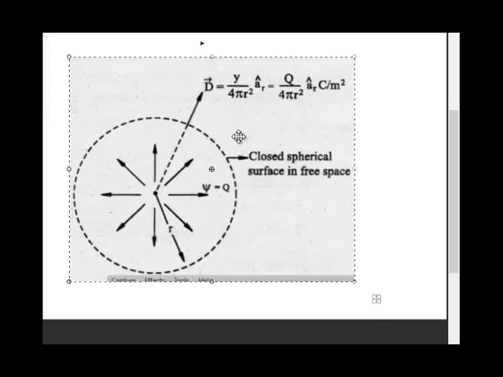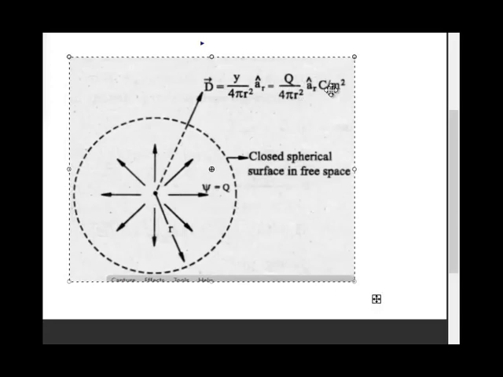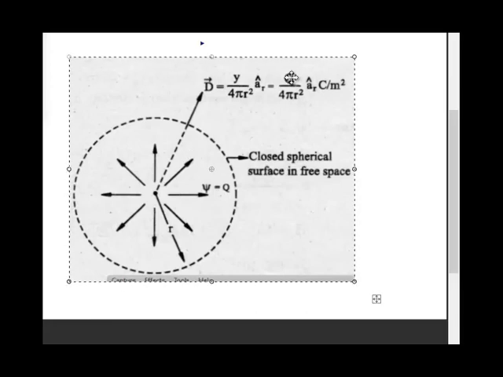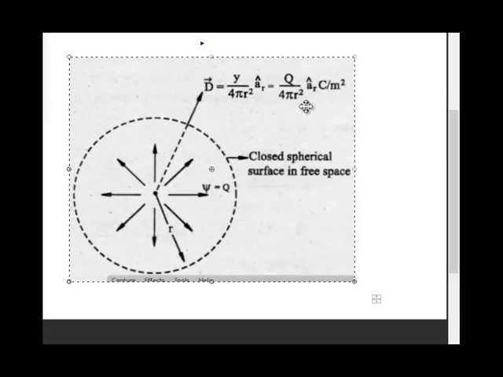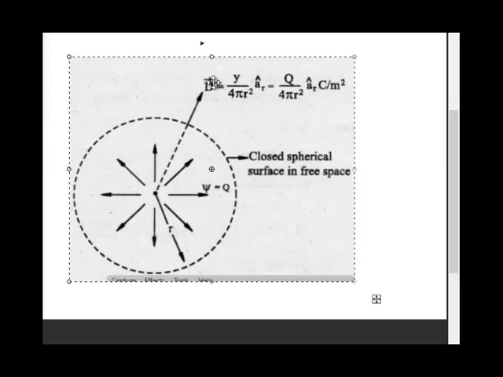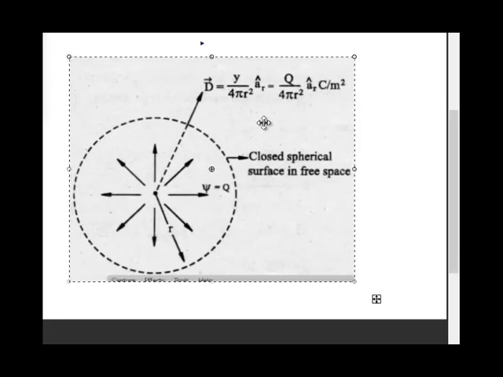It has the same formula as E. You can see that q upon 4 pi r square. It is the same as E, because E is also proportional to q and inversely proportional to r square. So D is also proportional to q and inversely proportional to r square, and the direction of both is the same, a cap r.